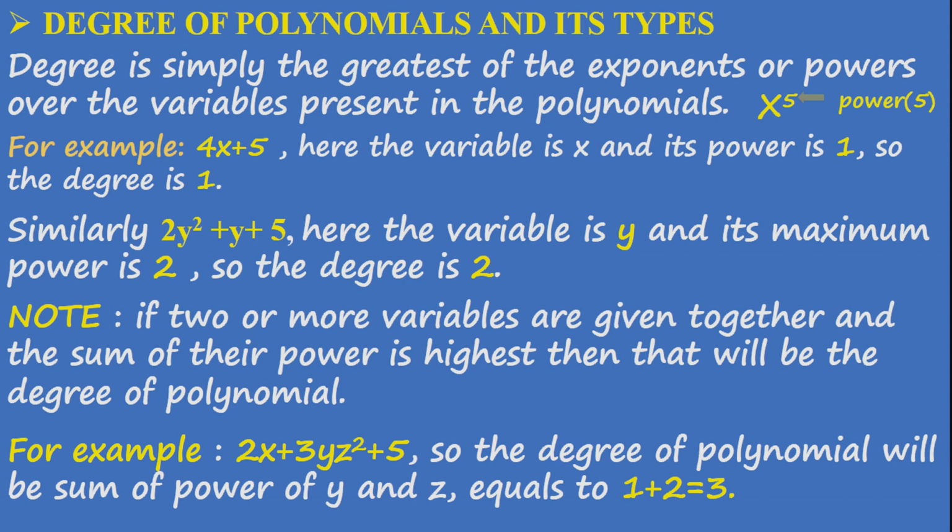So for finding the degree of this polynomial, we have to add the powers of these two variables. So the power of y is 1 and the power of z is 2. So 2 plus 1, 3, which is the maximum in this polynomial, right? So 3 will be the degree of this polynomial.